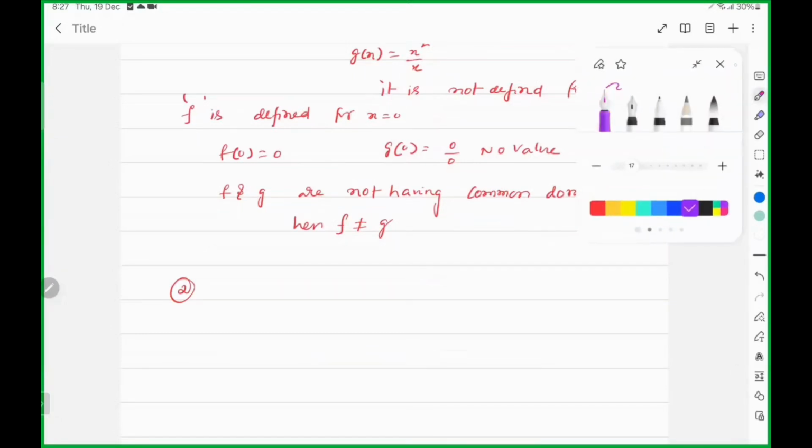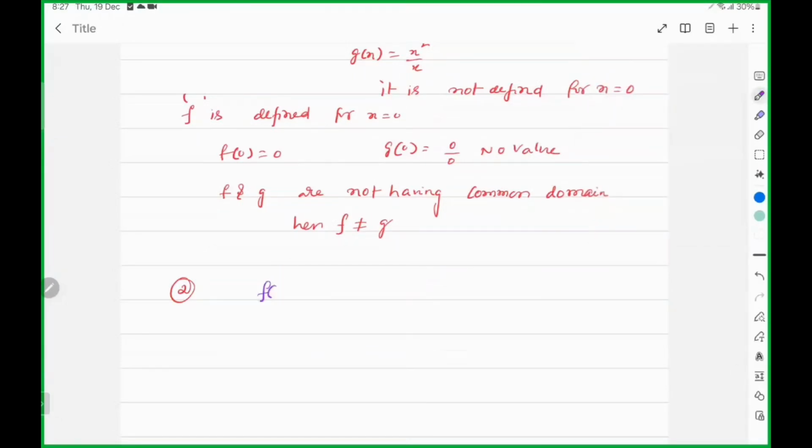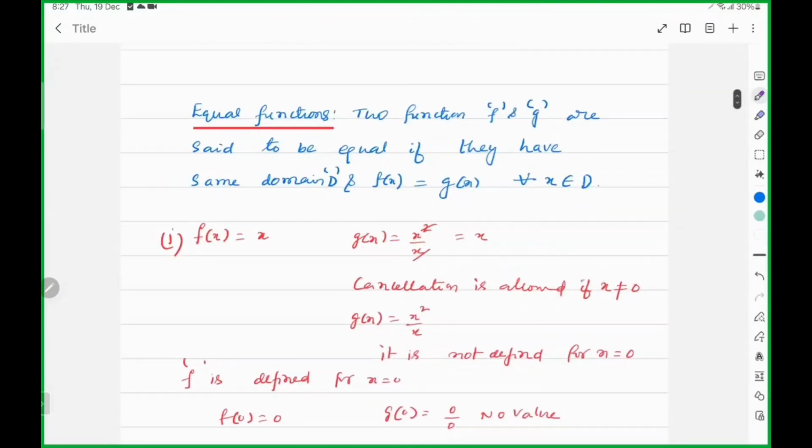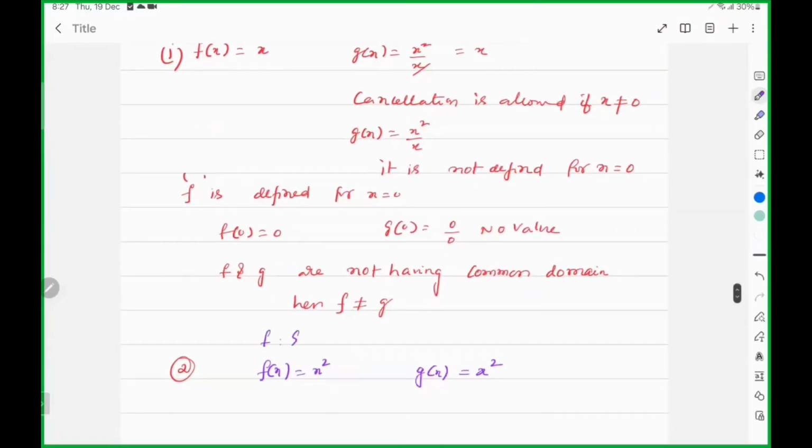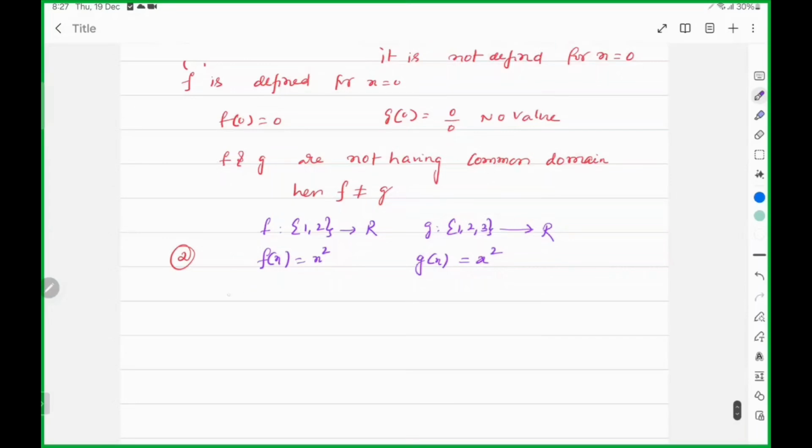Example number 2. f of x and g of x are defined by the same rule. Suppose I restrict the domain of f to 1, 2, 3 and the domain of g is different.